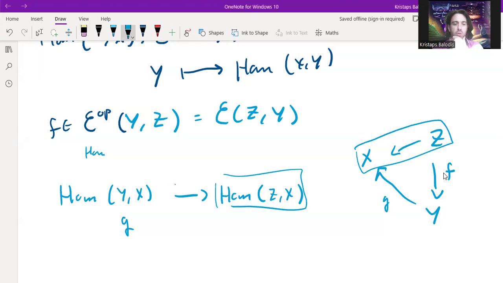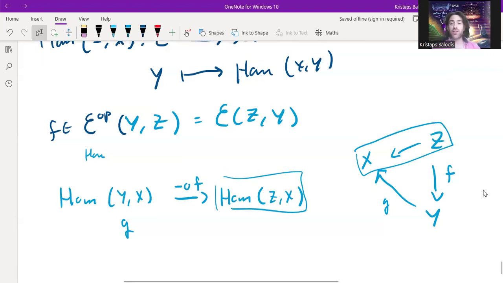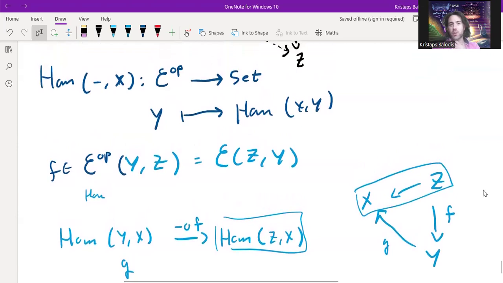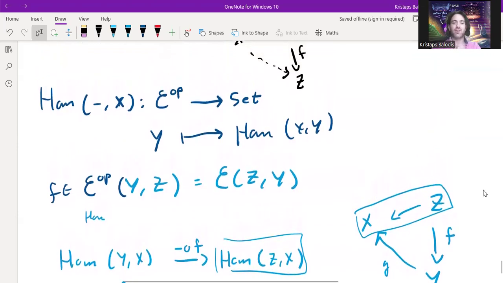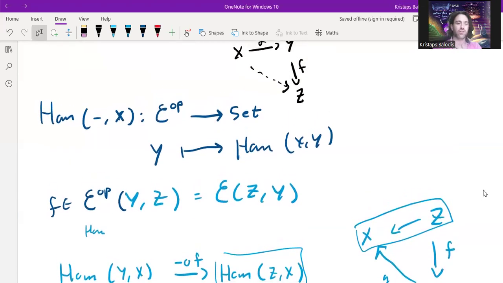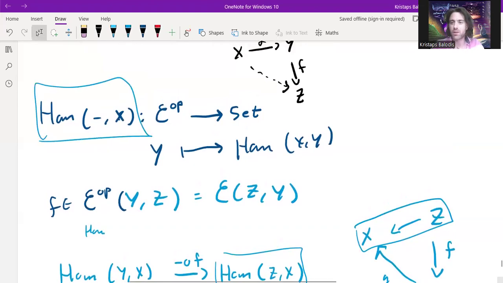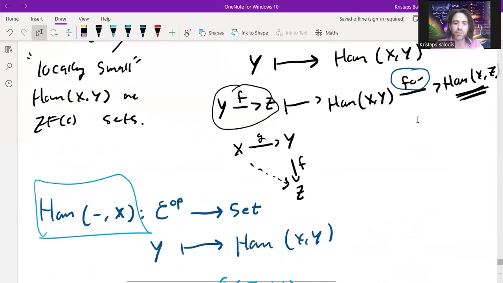So the map here will be pre-composition with F, just as we could have guessed. But you already knew the second part. We've already talked about pre-sheaves as functors. So this is just another pre-sheaf. Surprise, surprise, it's all sheaves. Okay.